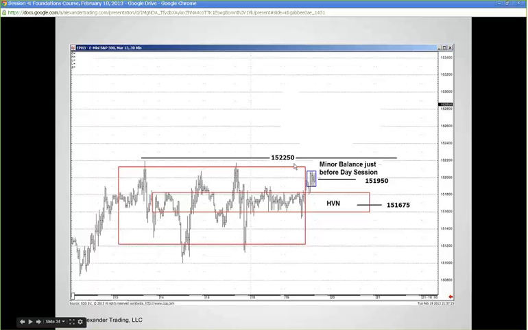I do think that as you gain experience, let me put it this way. Most people, after they gain experience, will begin to more and more identify the situation as early as they can, and they'll take the trade.